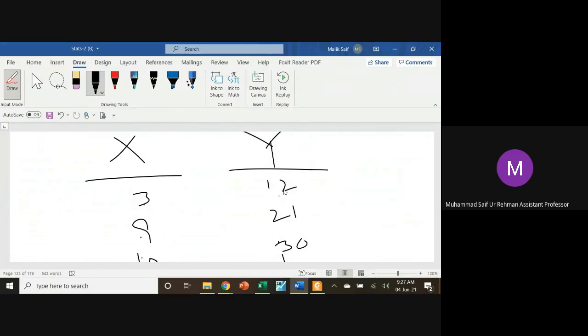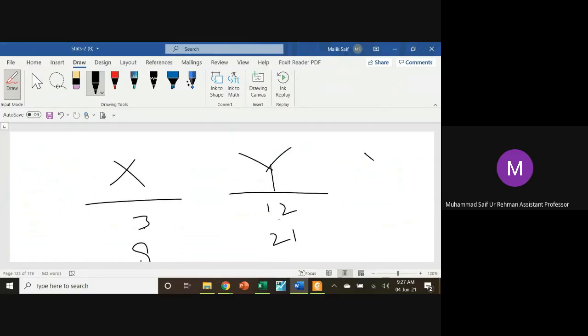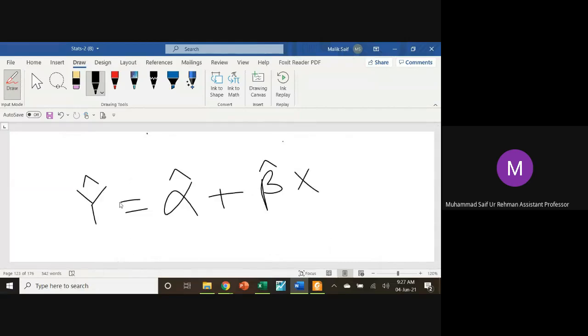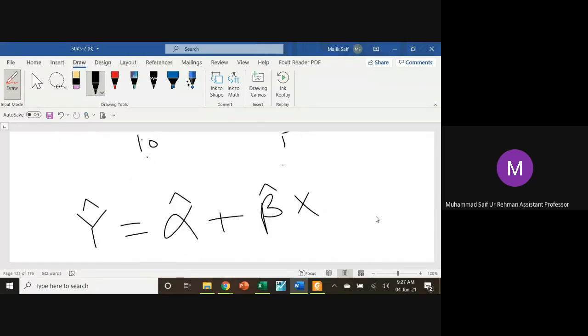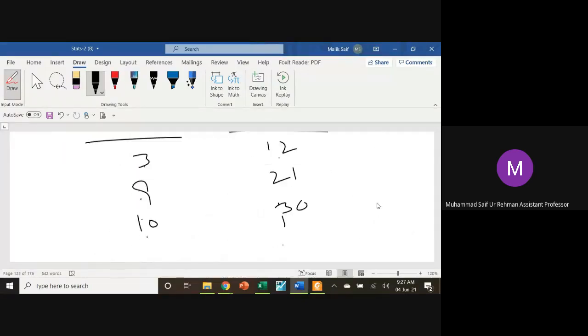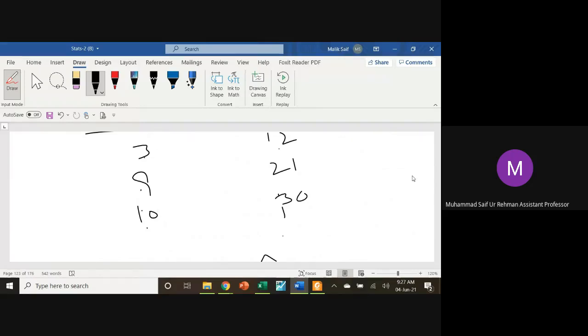But when you see the predicted value, it is obtained by utilizing this formula, so it will be a different value. So for 3, 9, 10, there will be some predicted values.